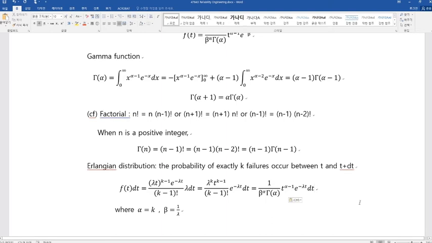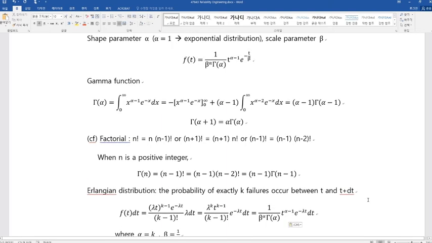Now this Erlang distribution has the same form as the gamma distribution.